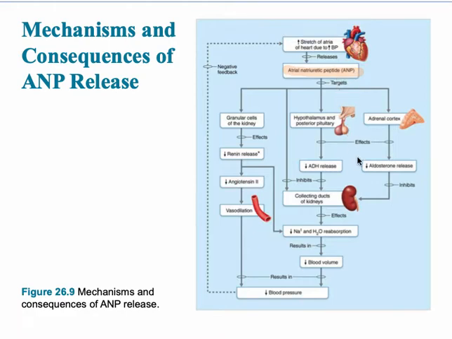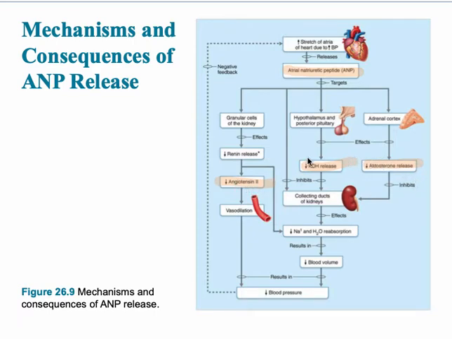And atrial natriuretic peptide is a hormone that lowers blood pressure. So we have several hormones that raise blood pressure, like aldosterone, angiotensin 2, ADH, but this one lowers blood pressure. And so we see on the left-hand side the role of the renin-angiotensin system. Then there's also the role of ADH, so it lowers ADH, lowers angiotensin 2, lowers aldosterone, all three of which would be responsible for raising blood pressure.